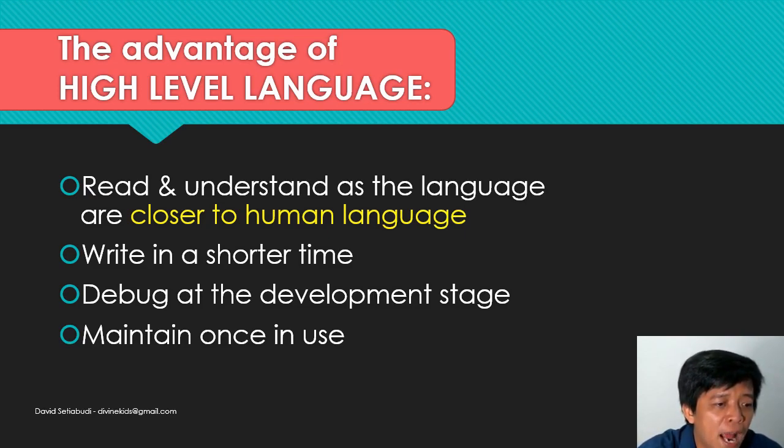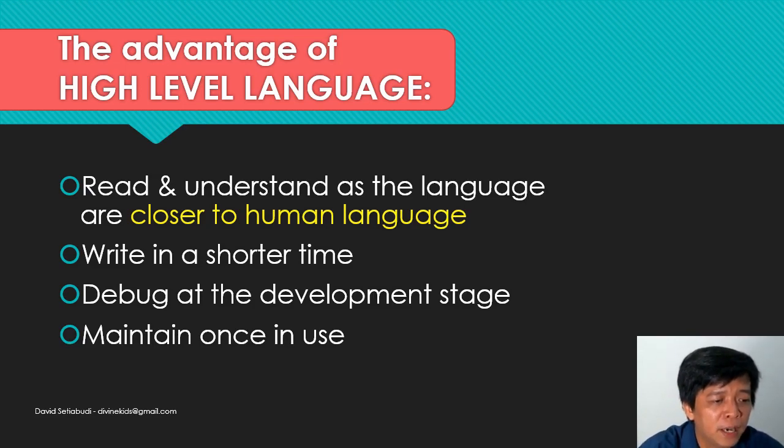And then write in a shorter time. So programmers, rather than saying 0, 0, 1, 1, 0, 0, 1, 0, 0, 0, 1, 1, 1, 1, which takes a longer time, you use high-level language and you can make a program in a shorter time.